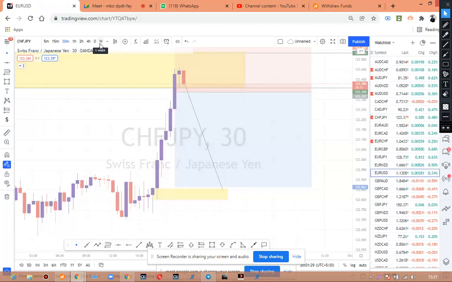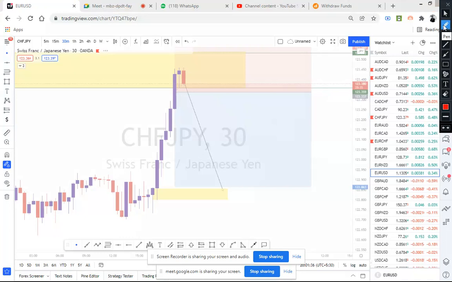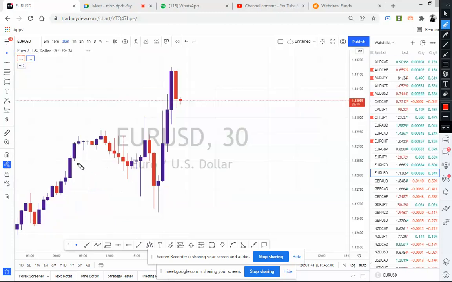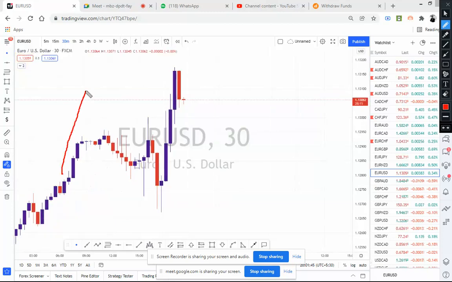Okay, there's a pattern I want you guys to always take notes of whenever I'm trading. If this pattern always occurs, you should know that it's a good pattern to trade on. Let's say we have a bullish trend, the market is reversing, it created a base around this area and dropped.